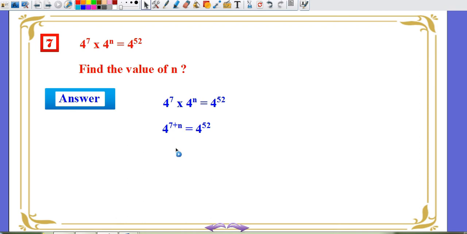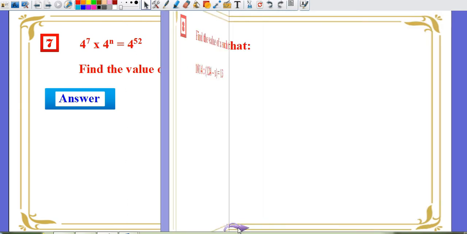So the exponents: 7 plus n equals 52. From there we find n equals 52 minus 7 equals 45. We finish exercise number 7 and move on to exercise number 8.